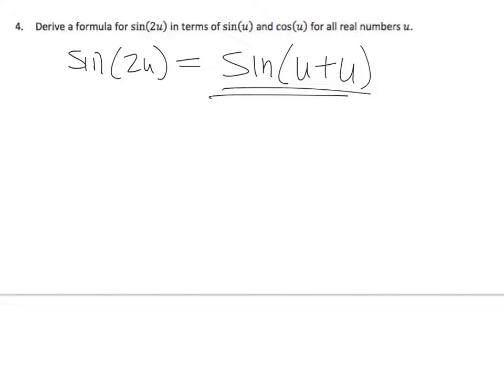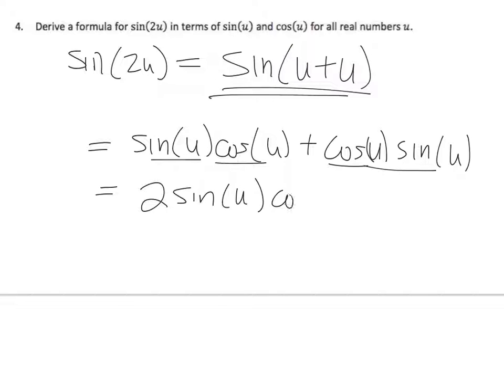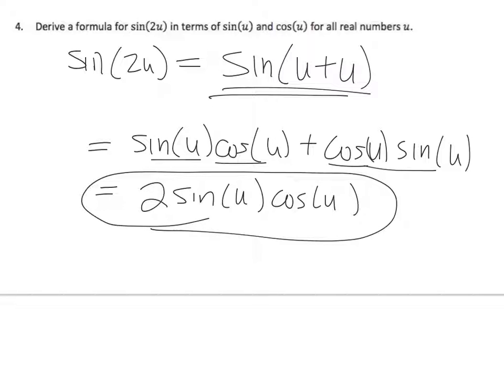So now we can take the formulas we've learned and do sine u, cosine u, plus cosine u, sine u. And that is equivalent. These are all the same. 2 sine u, cosine u. That was fun.